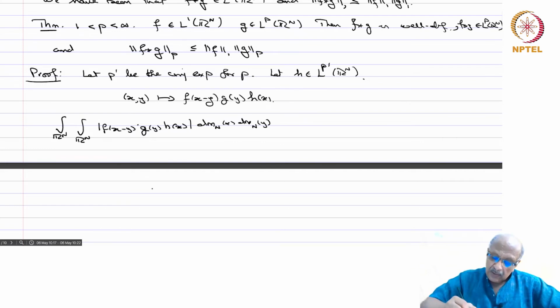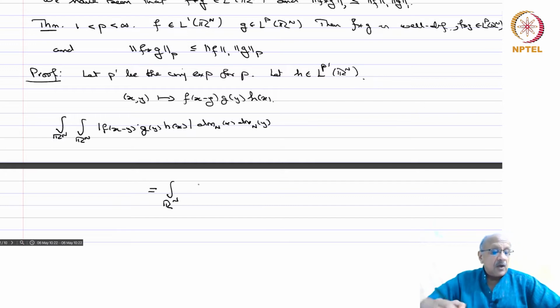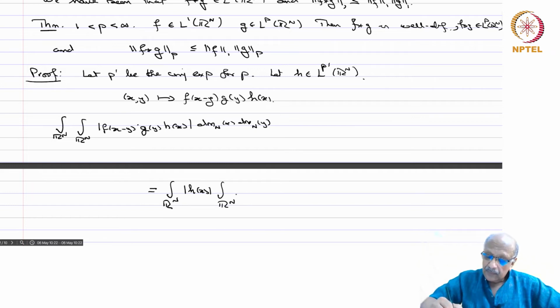So this is equal to the integral over Rn of mod h(x) times the integral over Rn of mod f(x minus y) mod g(y) dm_n(y) dm_n(x).